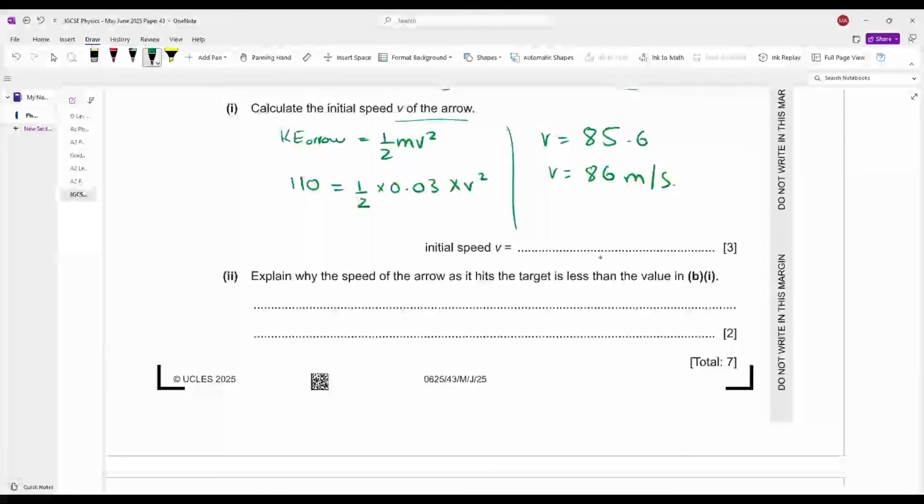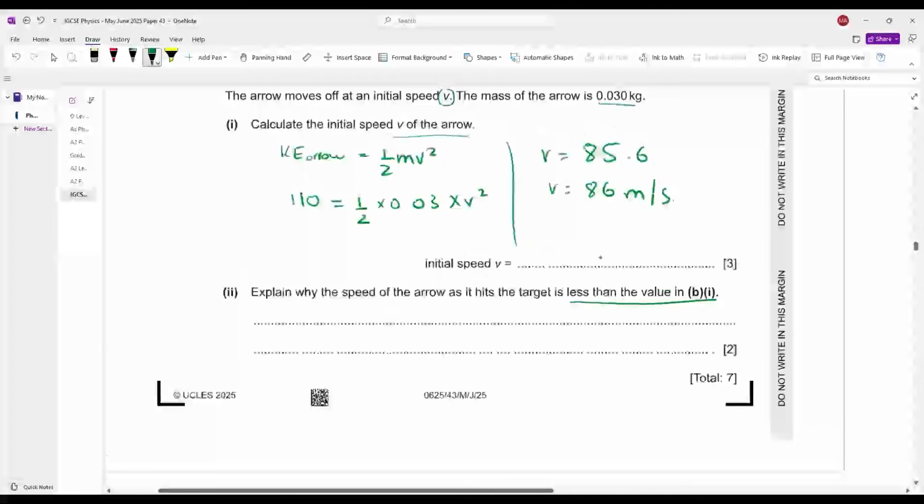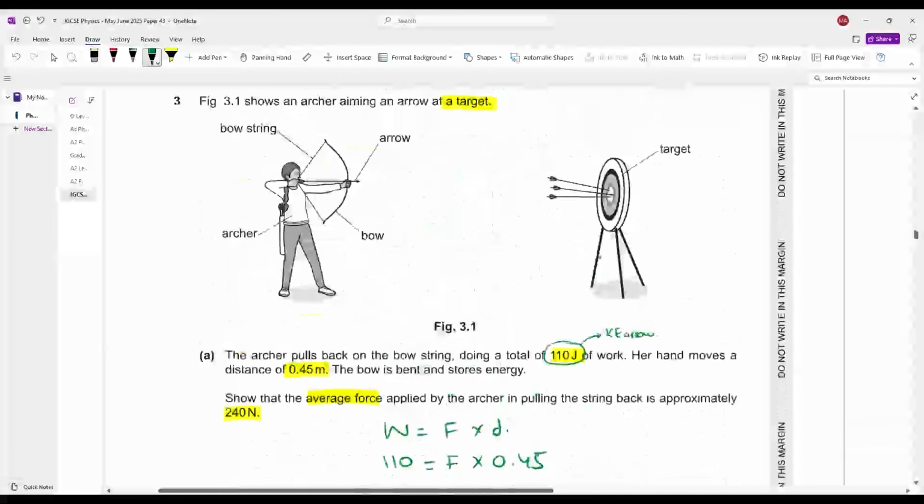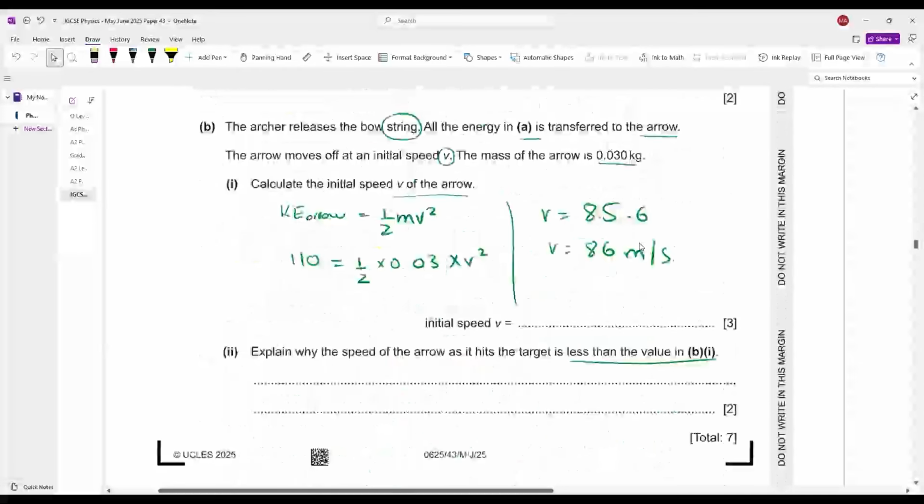Explain why the speed of the arrow as it hits the target is less than the value in B part 1. We have to explain, as the arrow hits the target, why does its speed become less than 86 meters per second?